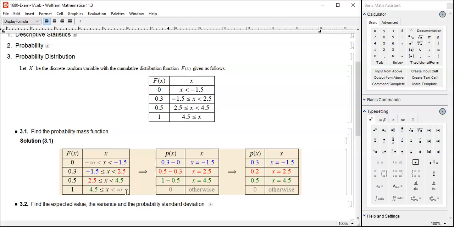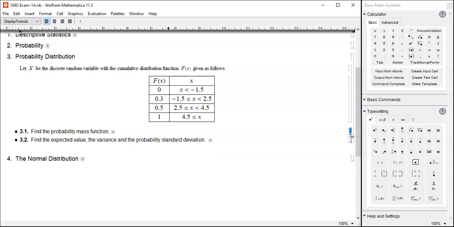And then for those intervals, we just have accumulation, add up. Add 0.3. Add 0.2, we get that. And add 0.5, that's the end. You should be able to do it one way and also the other way around. Here in this particular semester, I wrote a CDF to PMF problem, but I could have done it backward equally as much. So study both.